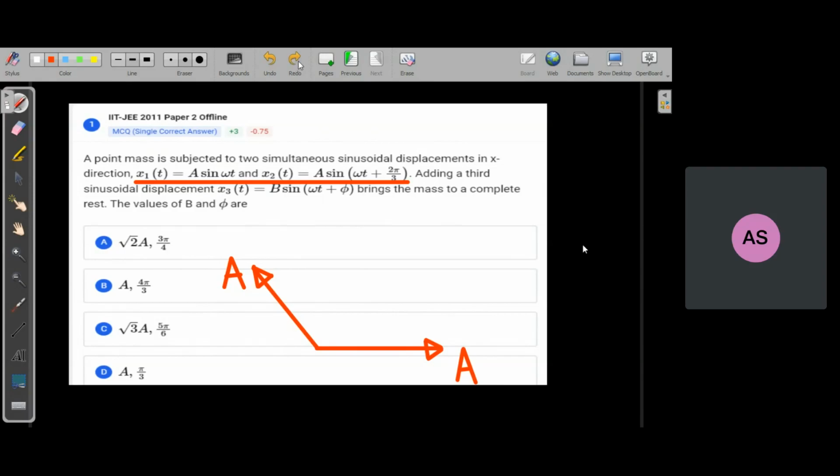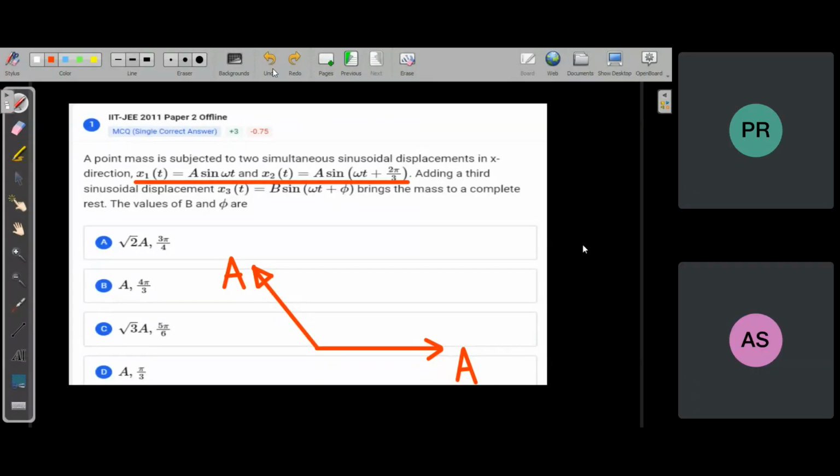So it is actually that the same point mass is subjected to two simultaneous displacements, at the same time. But two displacements does not mean that the particle will have two displacements. The particle will have only one displacement, but that displacement will be the addition of this and this, a vector addition of this and this.